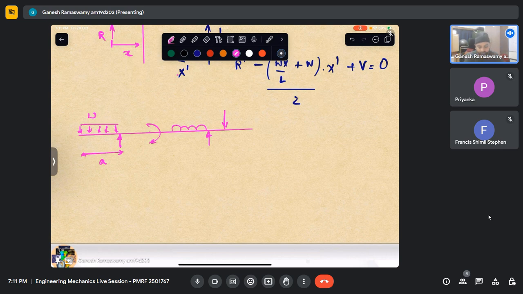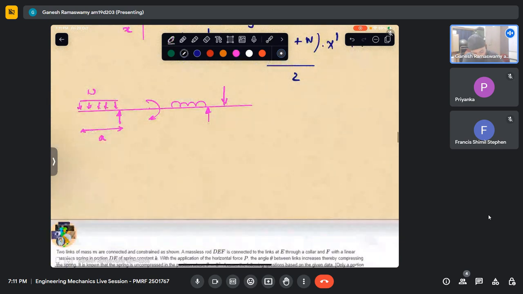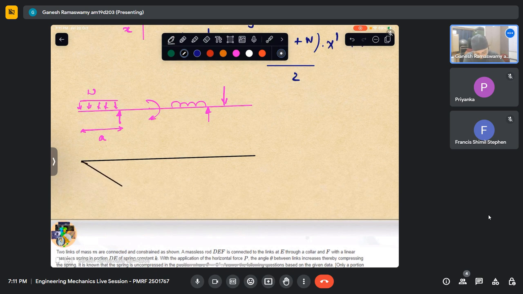Now what I want to do is to plot the shear force diagram. I can see that this will have a negative shear force, so it will go something like that. For this portion, I can isolate, take x starting from here, and then I can at least get to this point.